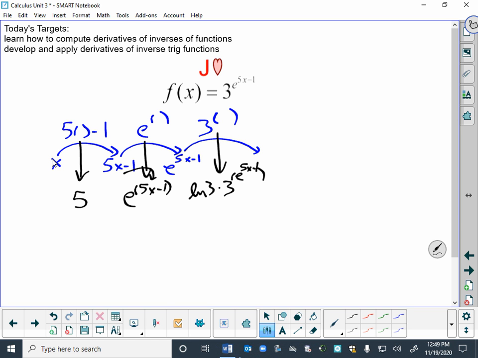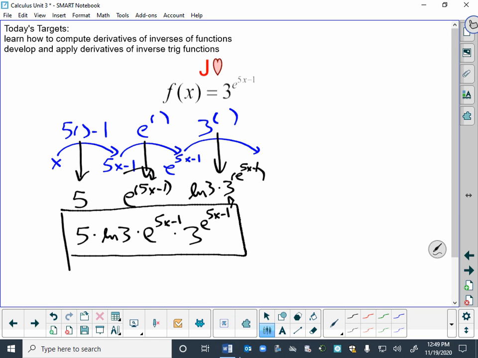Again, if we put all of these things together, remember this 3 is a base, but we have a 5 times the natural log of 3 times an e to the 5x minus 1 times a 3 to the e to the 5x minus 1. All of those things multiplied together. And if that was f of x, then this is f prime of x.